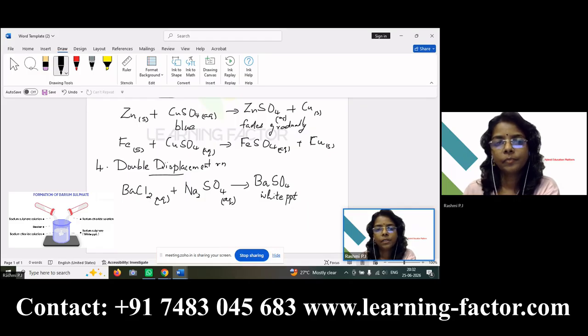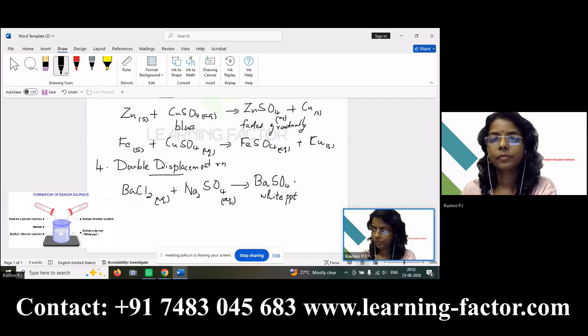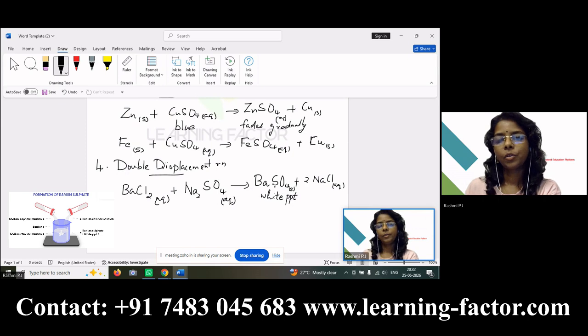So in this reaction, barium sulfate, a white precipitate, is formed, plus 2 NaCl, which will be in the solution. This is solid, so it will be insoluble in the solution.